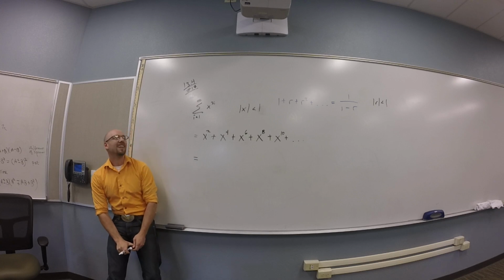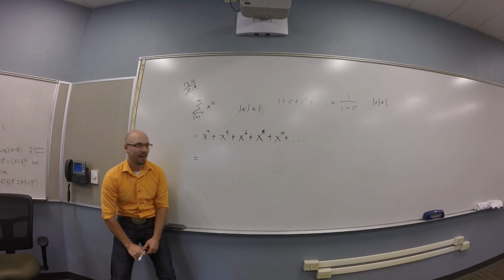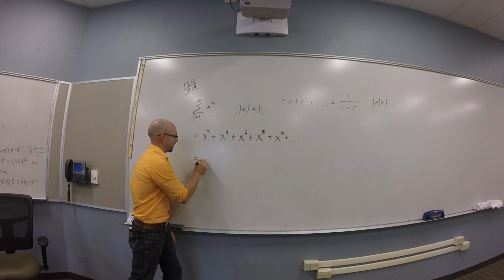Pull it back together. It's okay. All right, so out of this, I should be factoring out what is common among all of these things. I want to factor an x squared out, right?